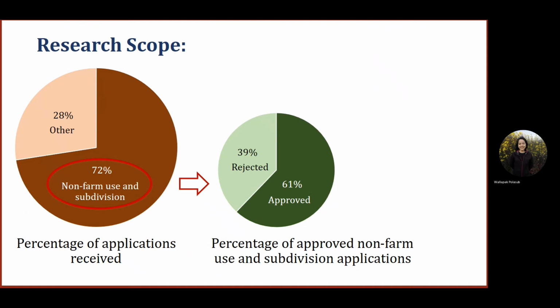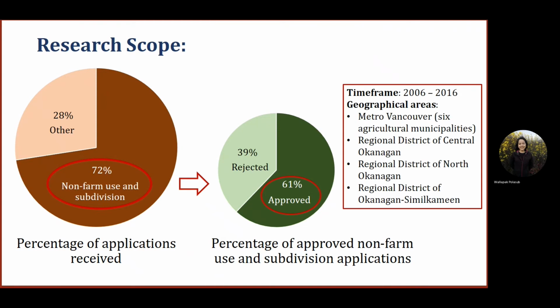So we looked at successful applications from 2006 to 2016 in Metro Vancouver Regional District, 6 major agricultural municipalities, which are Delta, Surrey, Richmond, Maple Ridge, Pitt Meadows, and Township of Langley.